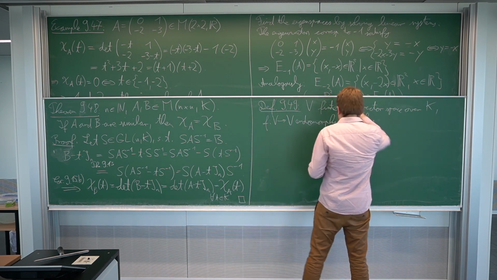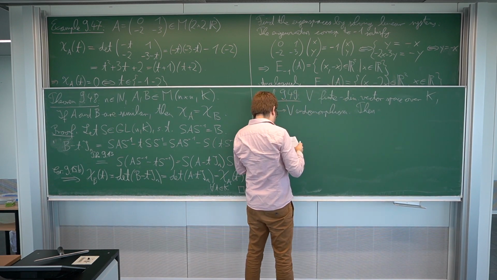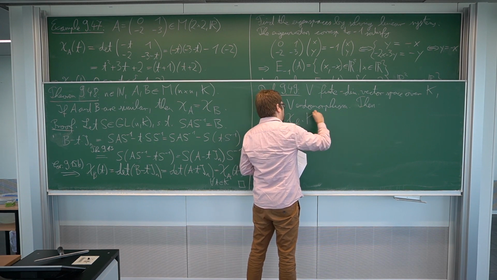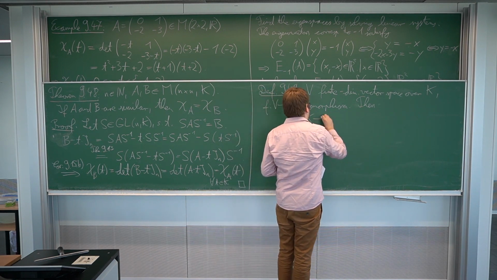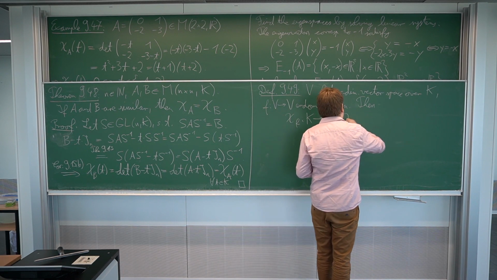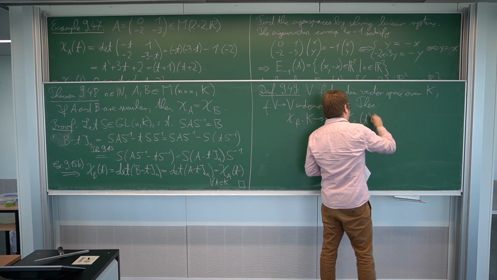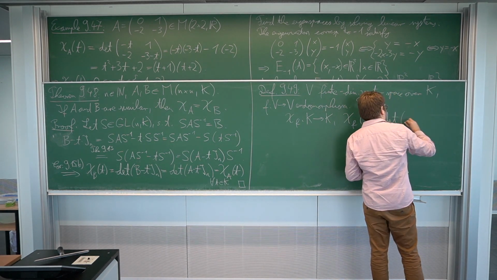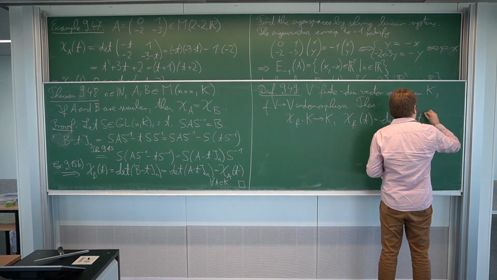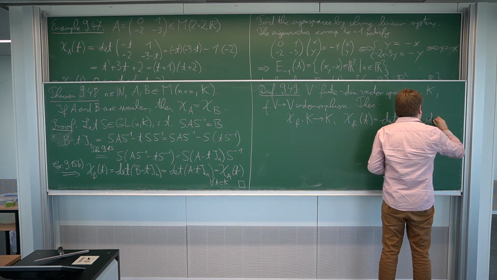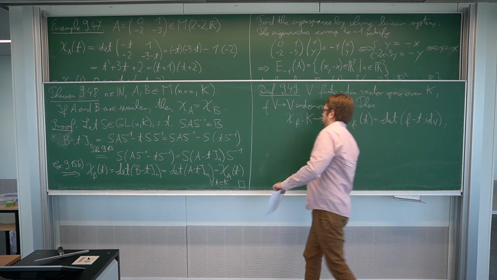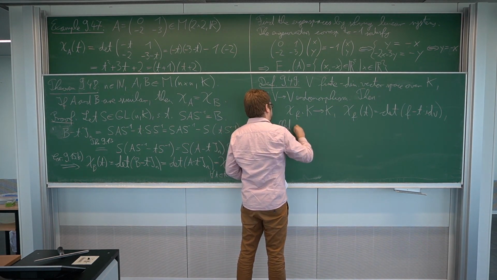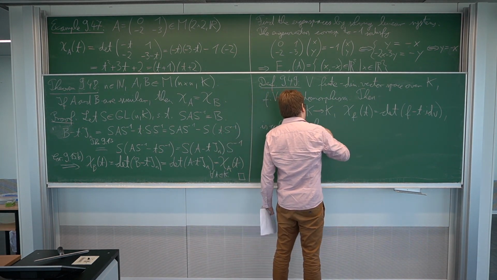then the characteristic polynomial of the endomorphism is chi with index f from K to K. Chi_f of t is the determinant, and now we define this as the determinant of the endomorphism, namely the determinant of f minus t times the identity map on V. This is called the characteristic polynomial of f.